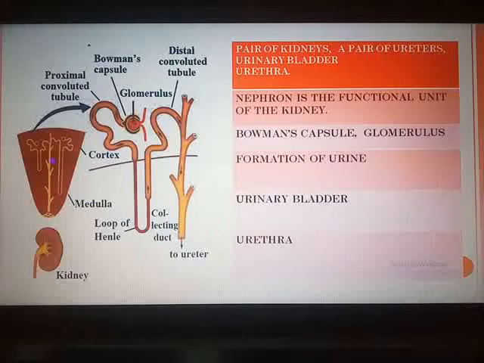Here, the molecules of water and some other useful substances are reabsorbed back into the blood. The waste product formed from the remaining solution, which is full of waste materials, is urine. The urine is carried by the ureters and stored in the urinary bladder.